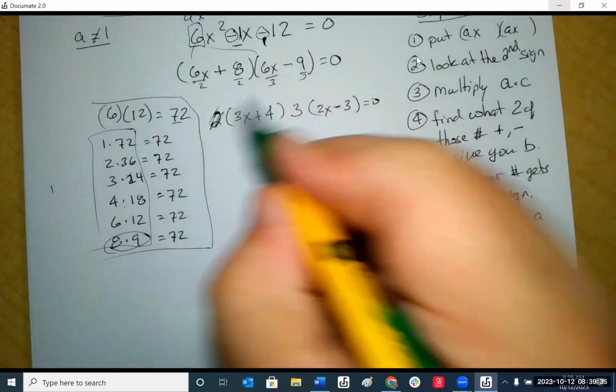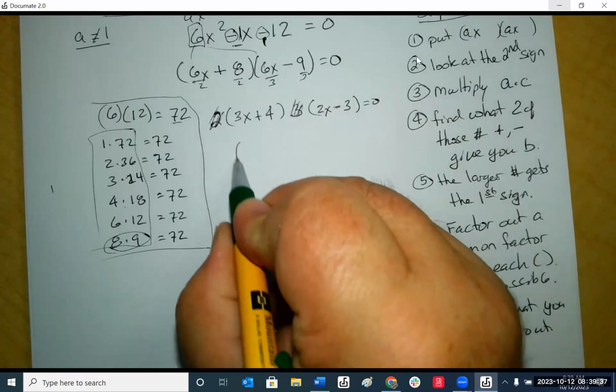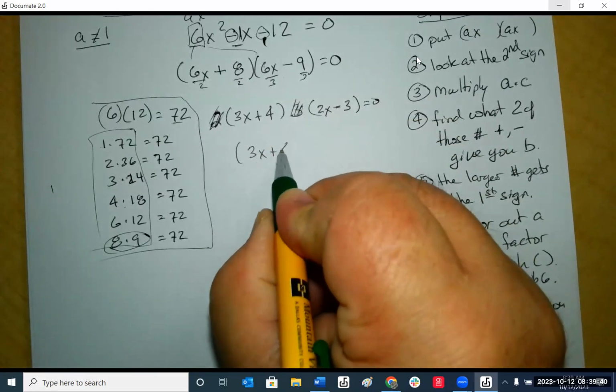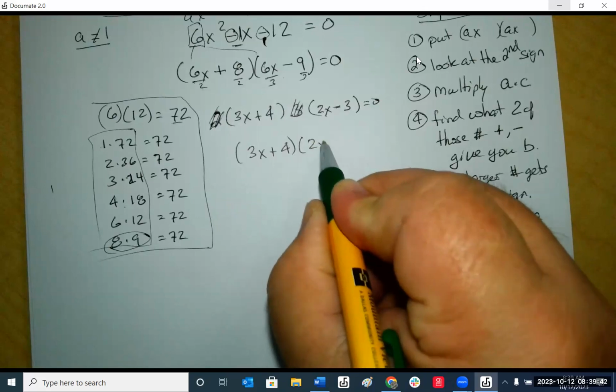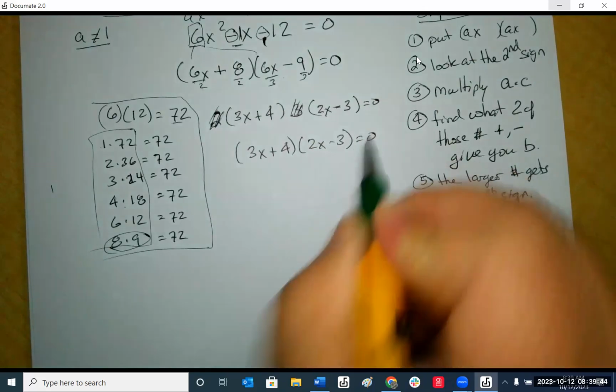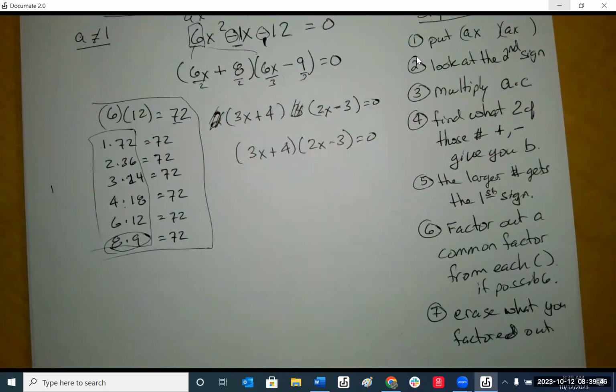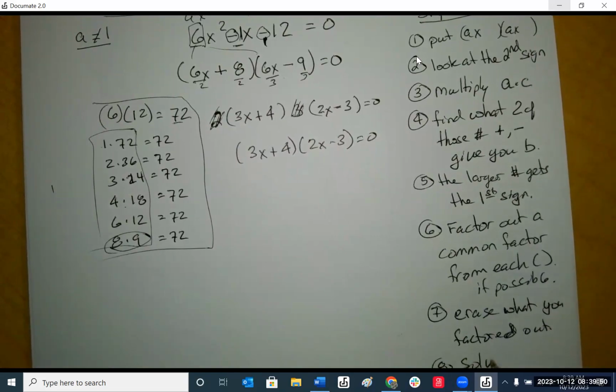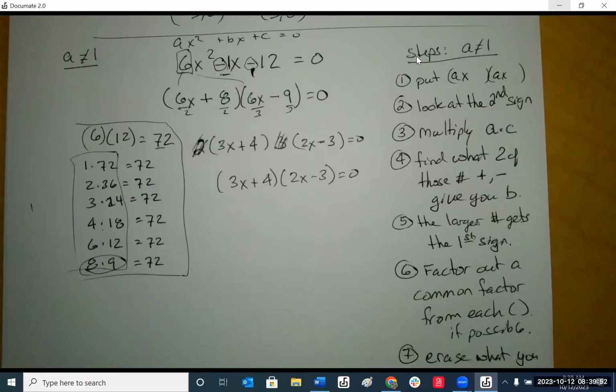So erase the 2 and erase the 3. Those are your factors. Then solve.